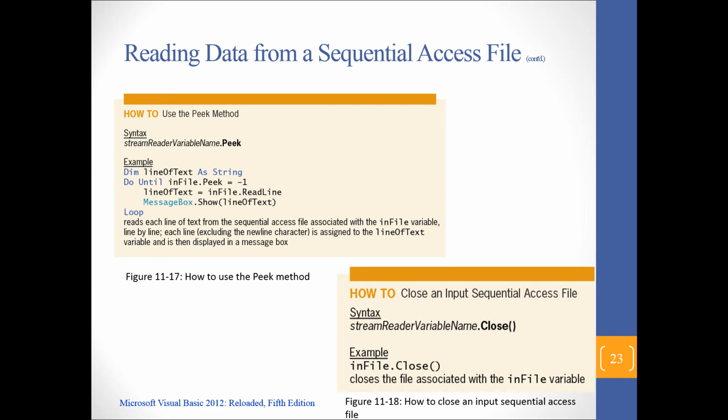So -1 means that's the end of the file. There's no more text to read. If it's not a -1, then that means there's still text to read, and therefore you read the next line. You keep reading those lines of text until you read a -1, which is a special key that would terminate the loop there.